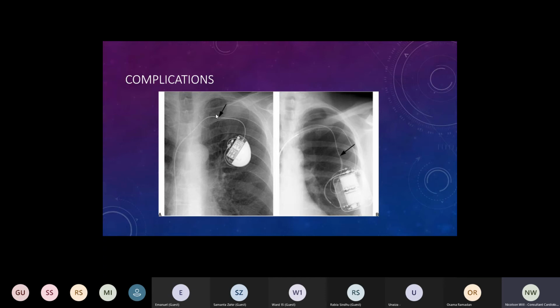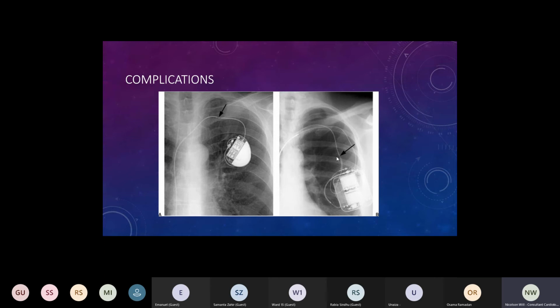So the fascia here is such that it can put pressure on the lead and cause it to break. So we don't tend to go subclavian if there are other access options because of this risk. We tend to go axillary or cephalic, where the lead would be going in here or over here. So that's a subclavian crush.